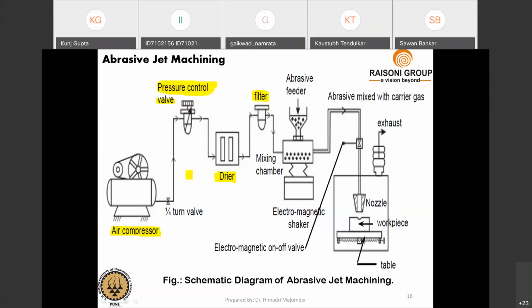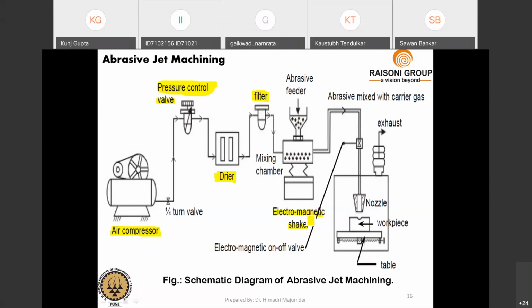After that, your pressurized air will come into the mixing chamber. As you can see here, in the mixing chamber there are two things. In the top there is an abrasive feeder, and in the bottom you can find an electromagnetic shaker.